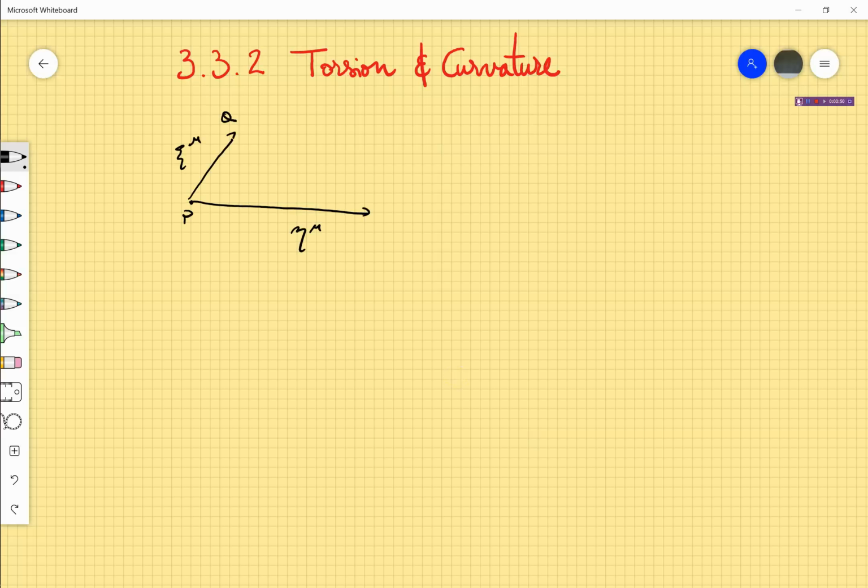So in this case it would be Q and P, and in this case S and P. In other words, the difference between the coordinates of the point Q and those of the point P is this vector, which behaves as a vector with origin in P, and x mu of S minus x mu of P is eta.